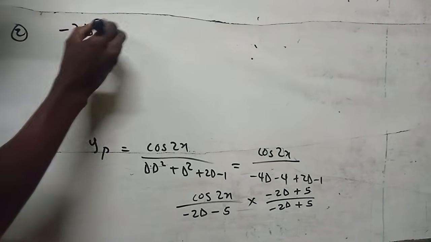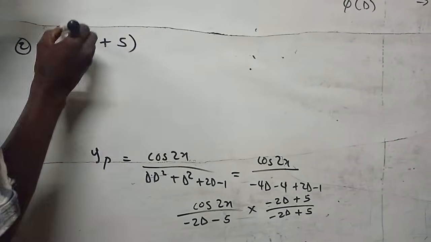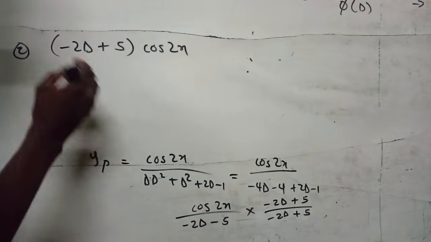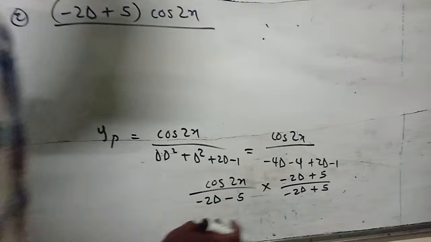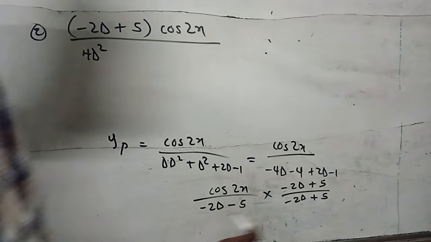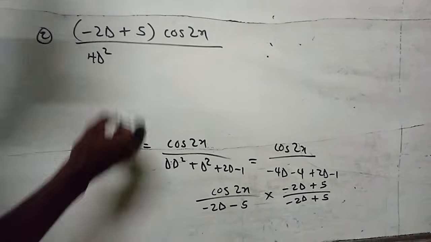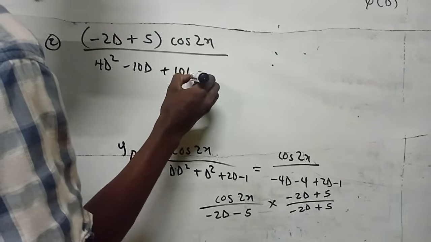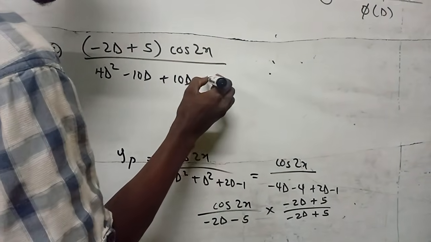Minus 2d plus 5 into bracket cos 2x. I multiplied it by this, over... if you multiply this one by this one, we are going to have 4d squared, minus times minus is plus, 4d squared minus 10d plus 10d minus 25.